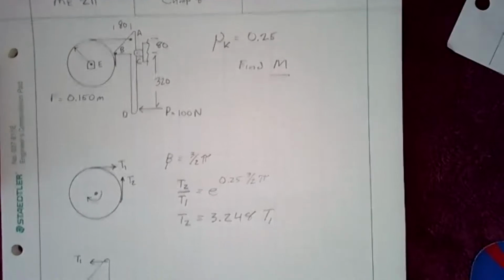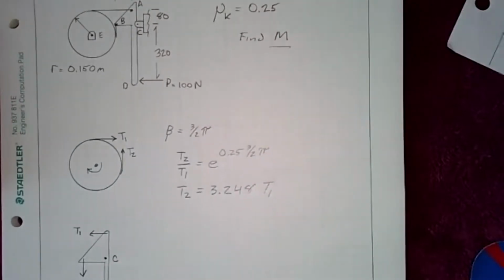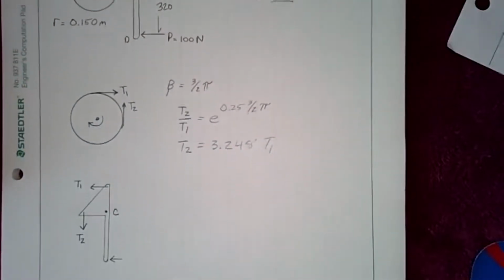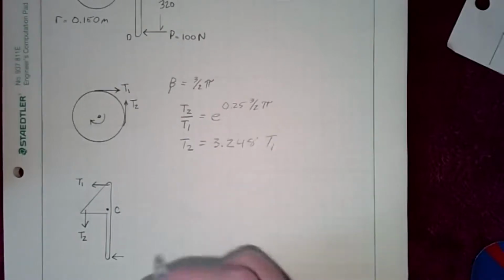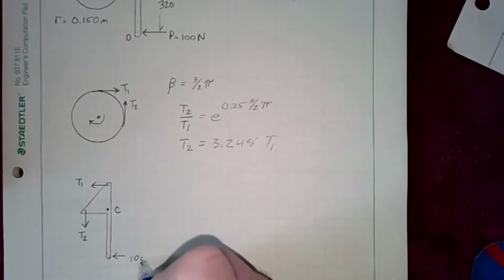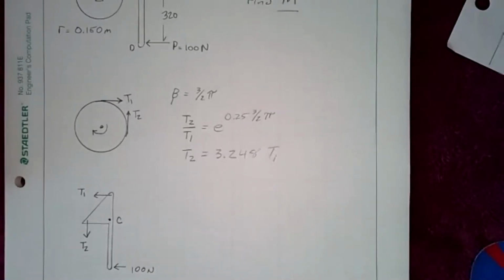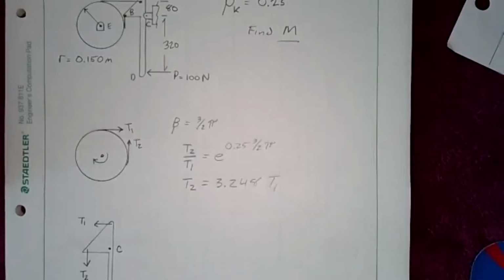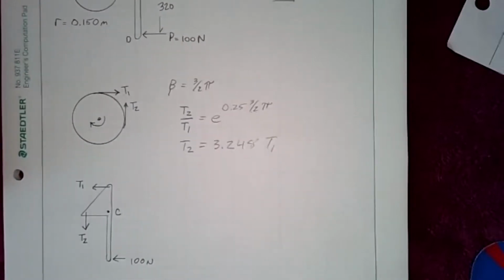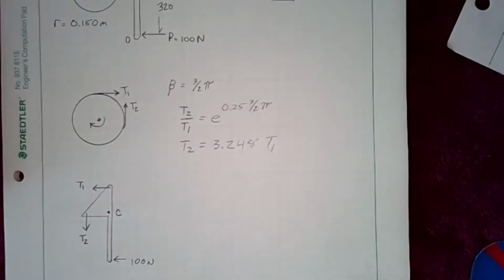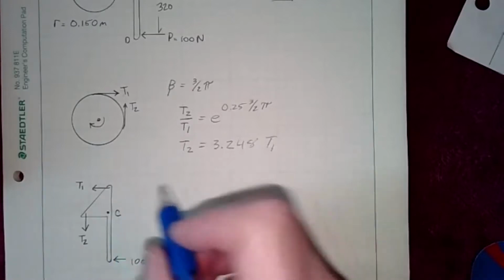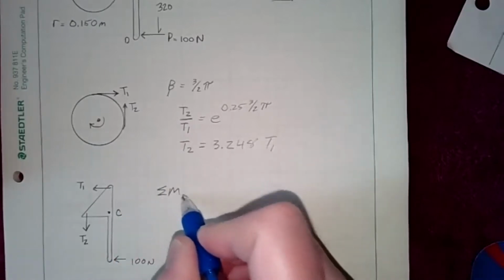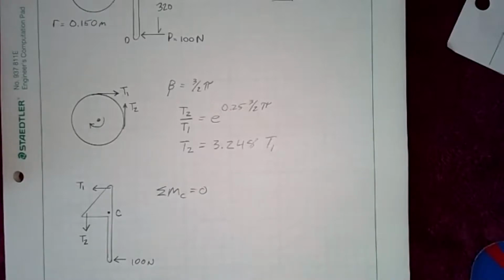Now let's look at the actual diagram. There's our object. We know we have the applied 100 newtons down here. I'll try to keep that so we have the dimensions here too. In this case, we're going to try to solve for our tensions, so we're going to sum the moments about C to see what we can do.